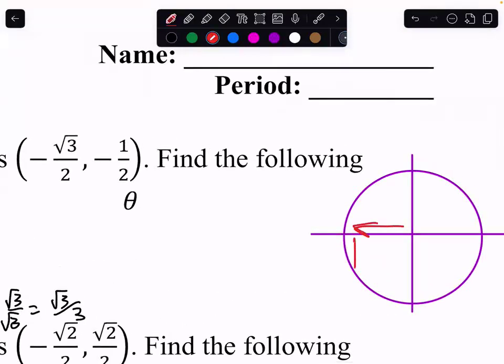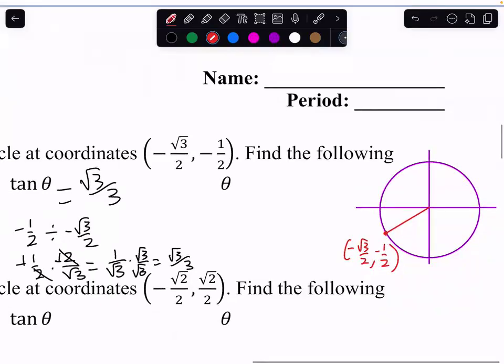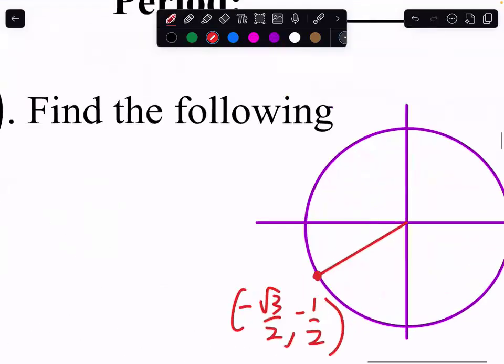X is negative, Y is negative, so it's somewhere in quadrant 3. I want to know the angle theta which hits this terminal side, so I want to figure out what this unknown angle is.